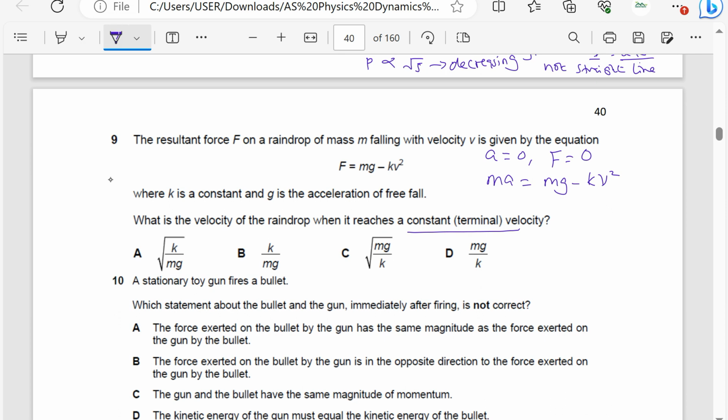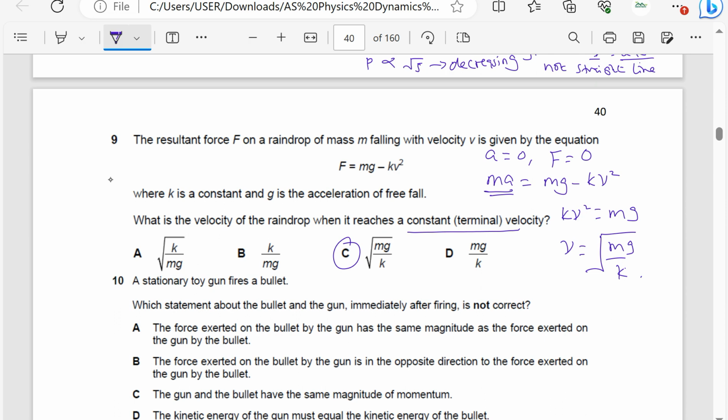Of course, if it has reached terminal velocity, this will be 0. So kv squared is going to be mg, which means v is going to be the square root of mg divided by k. So my answer is simply going to be C.